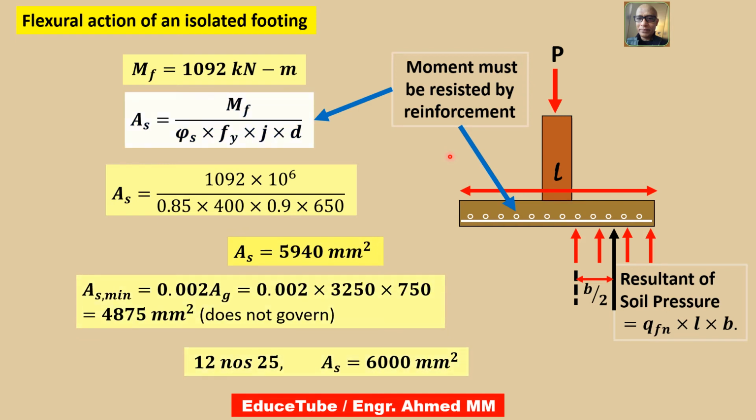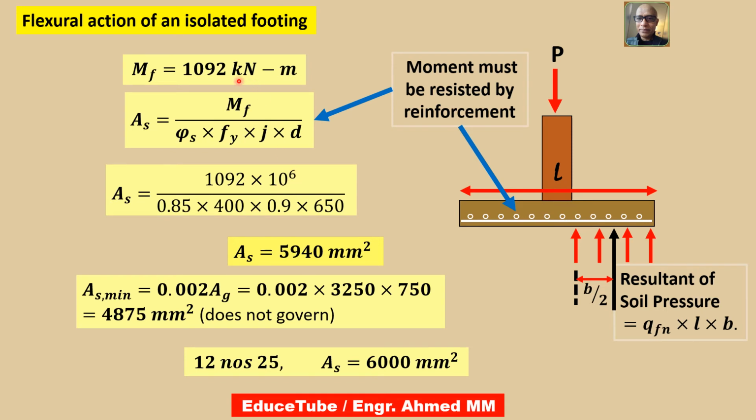We will use our formula: AS equals MF divided by phi S Fy J d. Just need to put in the values for all these parameters.